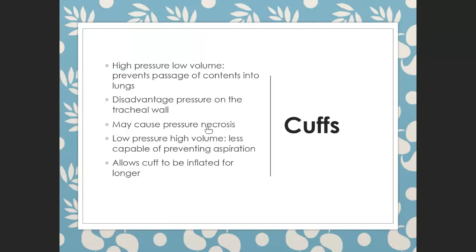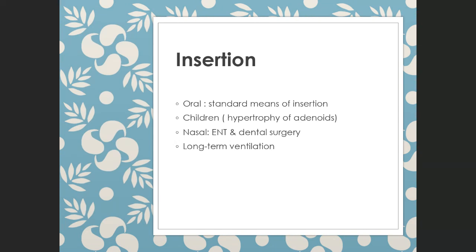Once you put pressure on the tracheal mucosa, you can occlude the lymphatics and lead to swelling of the mucosa, and that leads to stridor at extubation, or you can lead to pressure necrosis and lead to stenosis. However, the lower pressure, high volume doesn't give quite as good a prevention against aspiration. So you have to be aware of that. Does, but not to the same extent.